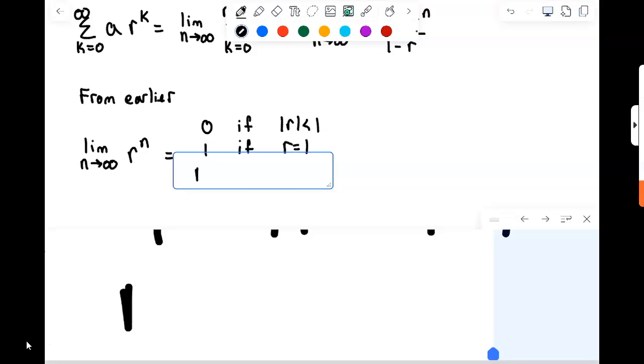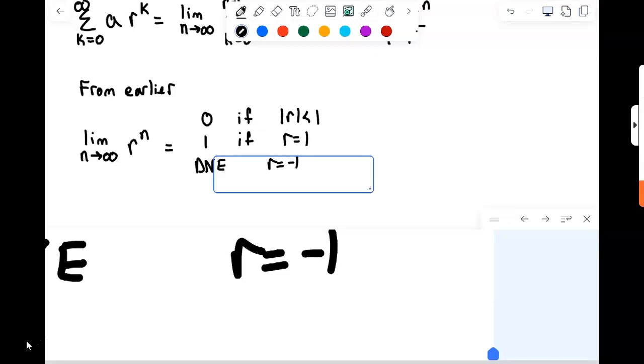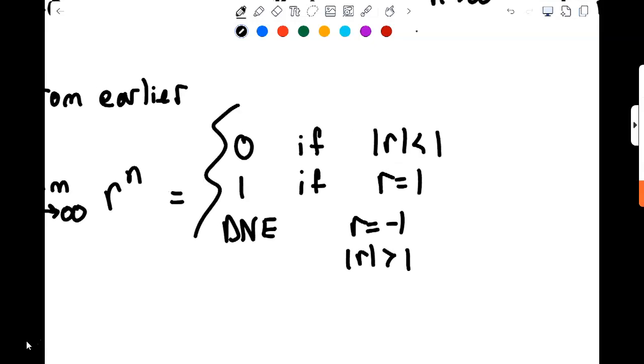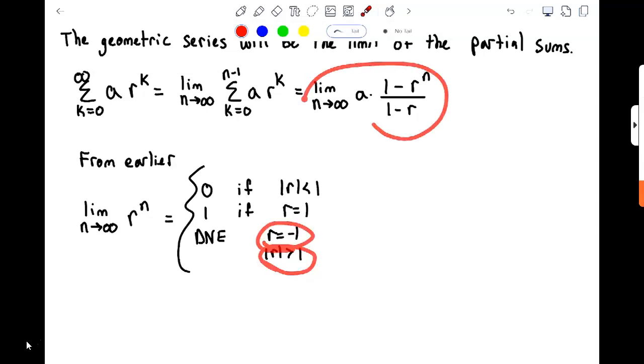And the limit does not exist if r equals negative 1 or the absolute value of r is greater than 1. So if r is greater than 1 or r happens to be negative 1, then this whole thing is not going to converge.